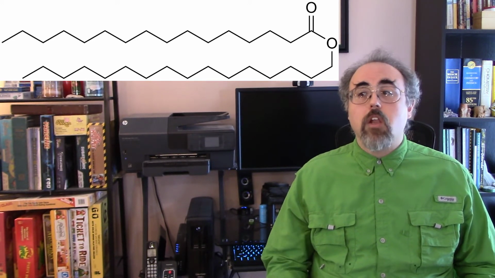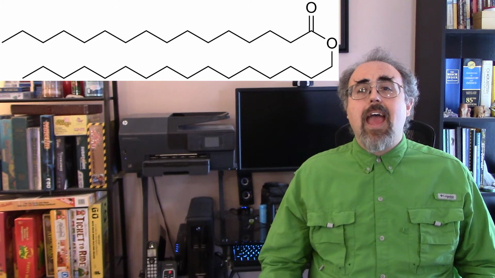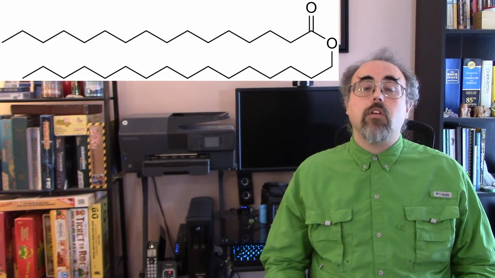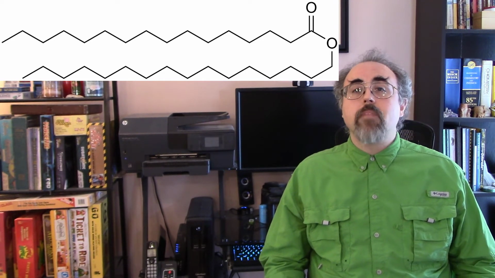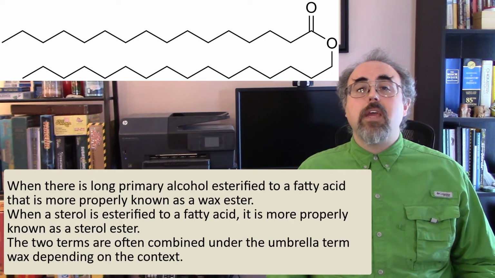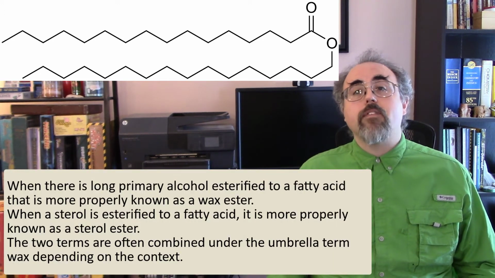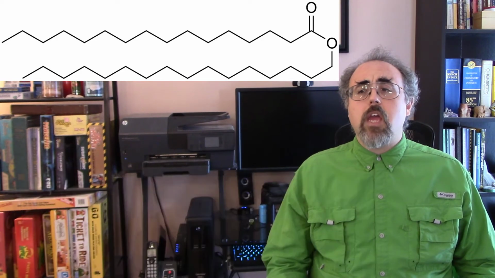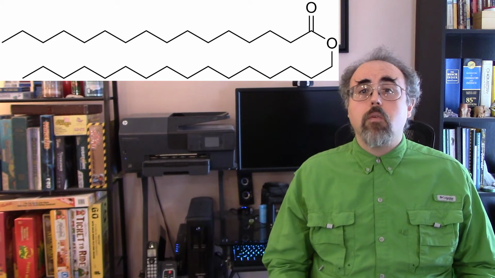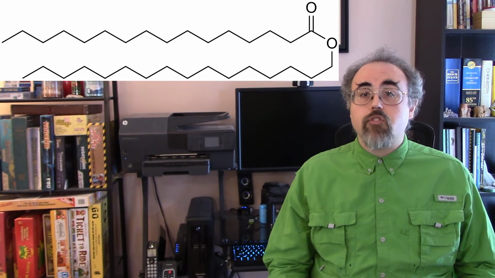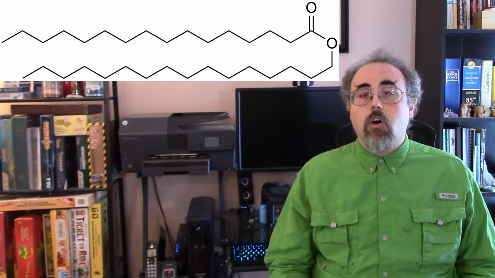So you're going to have a long hydrocarbon, and then depending on the source, that's going to be esterified to an alcohol. Now that alcohol could be straight chain alcohol, those definitely do exist. Alternatively, it could be a sterol, which is a series of ring structures with an alcohol at one end.